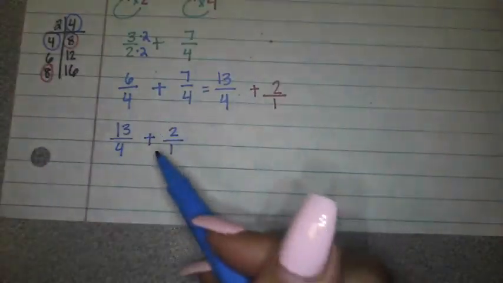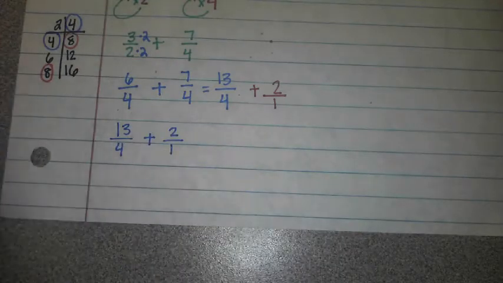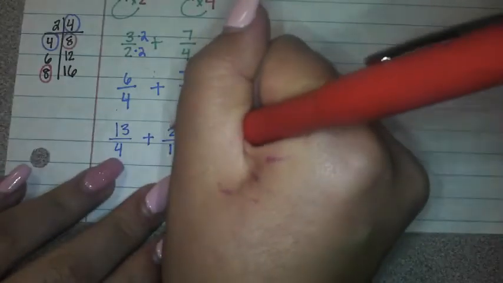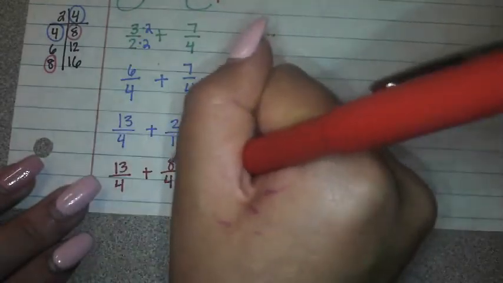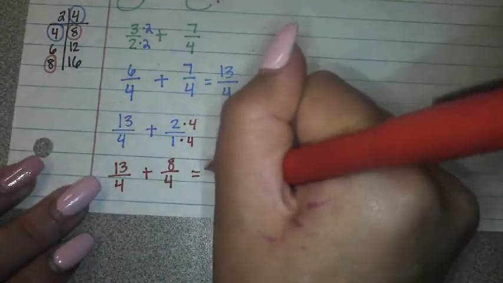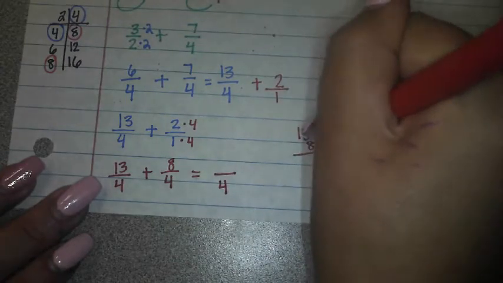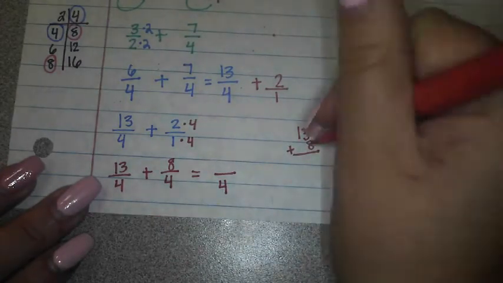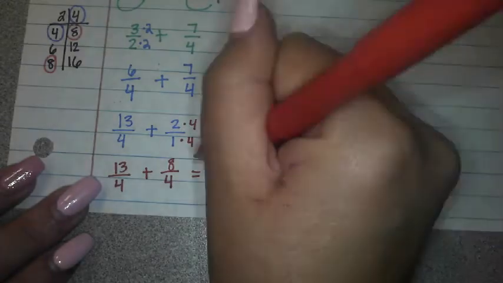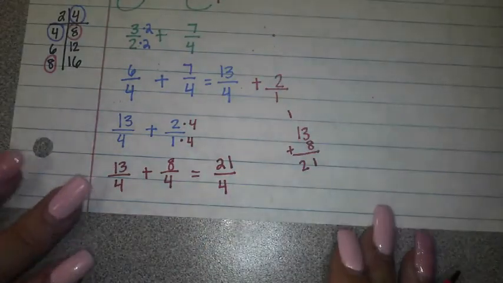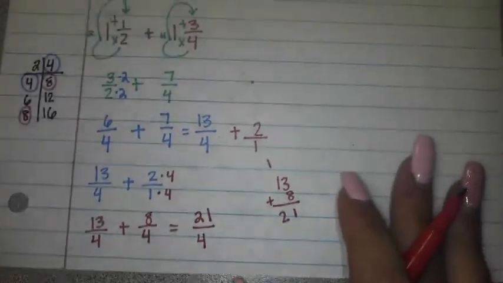This does not have a common denominator of 4, so I'm going to multiply my bottom and top by 4, and that's going to give me 8 over 4 plus 13 over 4. Keep our denominators the same. And then I need to do 13 plus 8. I'm going to work it out over here. 8 plus 3 is going to get me 11, 21 over 4. So I have 21 over 4.